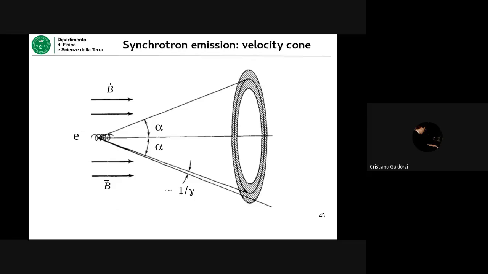So if you imagine projecting this cone, it means that to receive a significant amount of synchrotron radiation, your line of sight has to lie on the boundary of this cone within 1 over gamma angular width. If you are out of this kind of corona, you are going to get a very small amount of radiation, if not anything. So this is something very important to take into account. And again, all this is a consequence of special relativity.